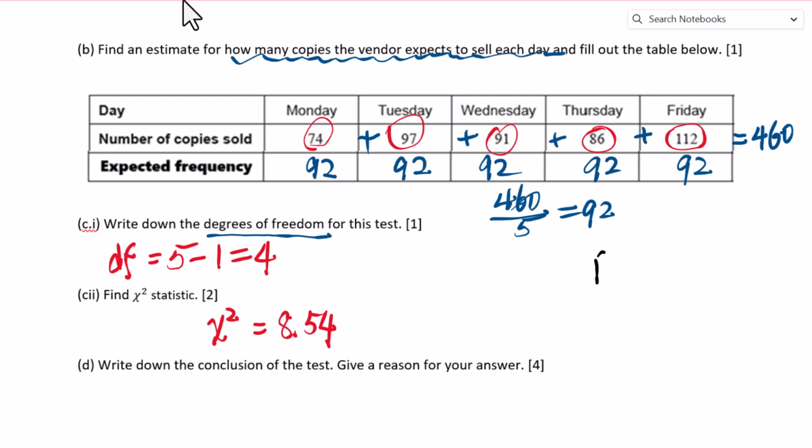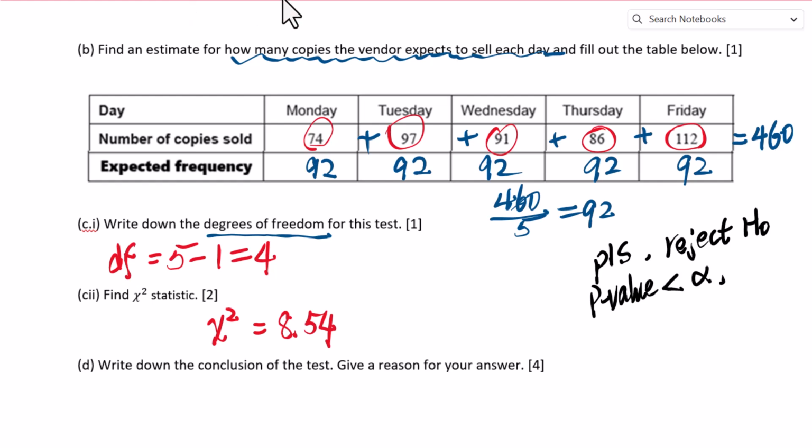Write down the conclusion. We use the rule to remember when to reject H0: when the p-value is less than alpha, reject H0. If you want to use a critical value, it will be opposite. In other words, when chi-squared is greater than the critical value, reject H0.